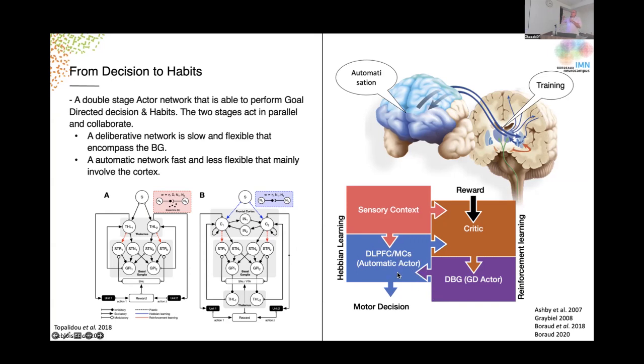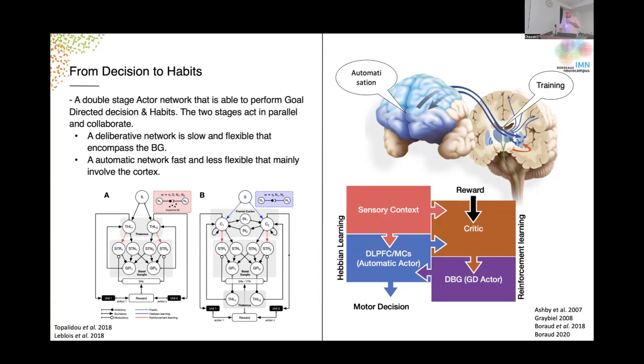So if you want to simplify the whole system, you have this loop that performs decisions, that is the actor in the actor-critic model. The basal ganglia is important in the training of the actor, but the cortex can play a role in automatization. All of this came from the studies we performed in the last 20 years.